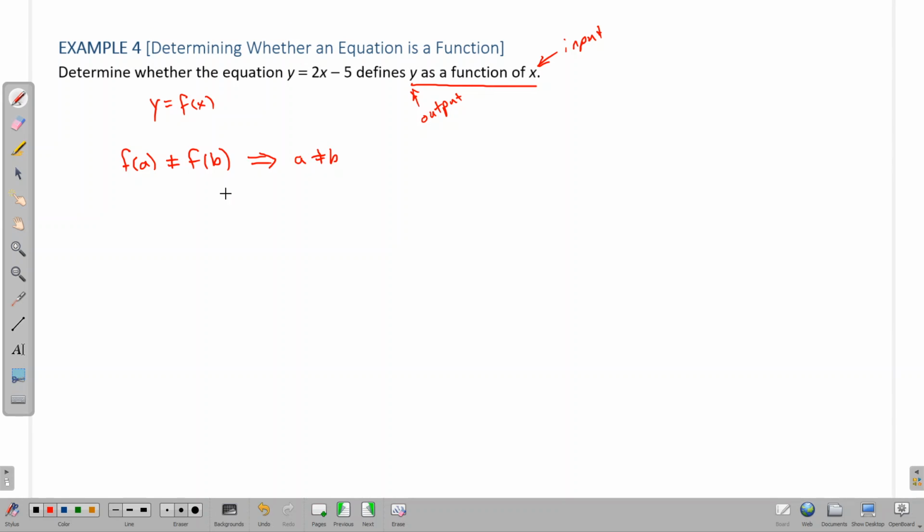We flip it and we negate it. So what's logically equivalent to this would be to say, suppose a is equal to b, then we would need that f(a) is equal to f(b). If you can establish this, this also proves that this equation would generate a function. So let's start with the hypothesis. Let a equal b.